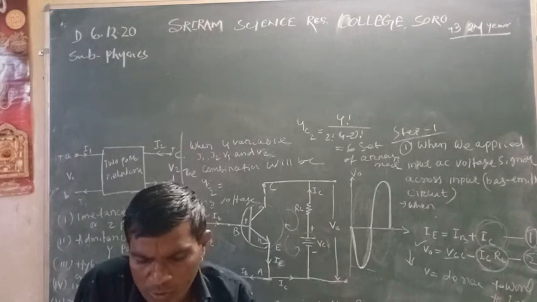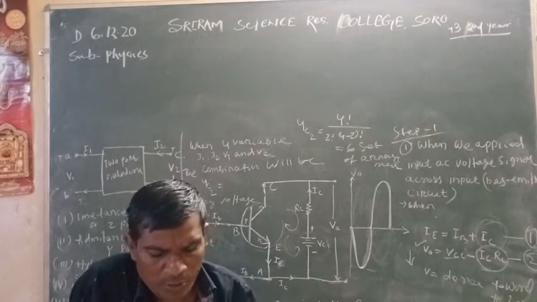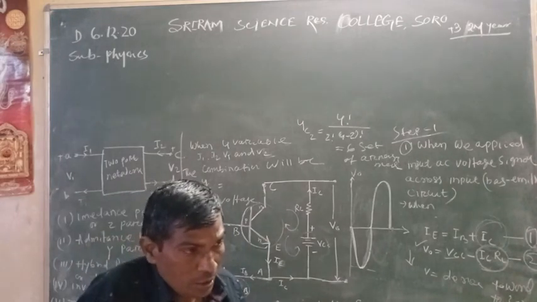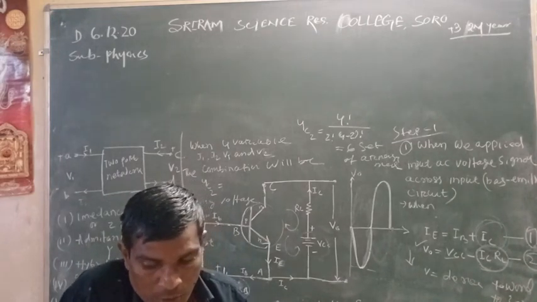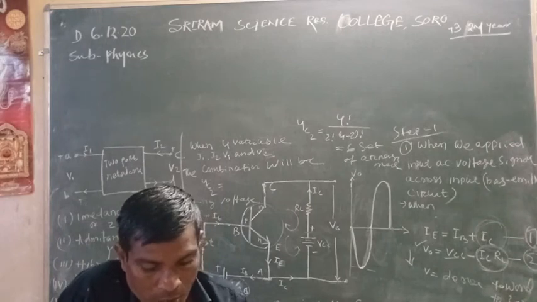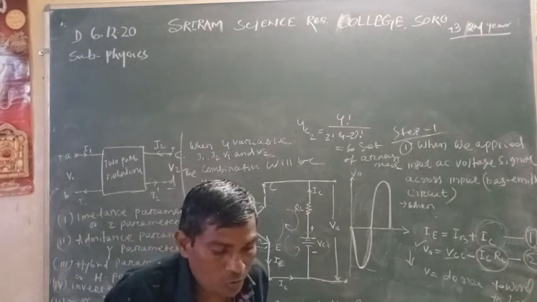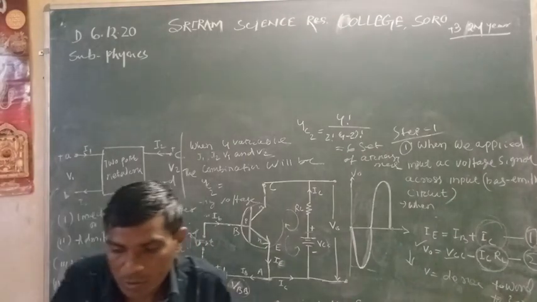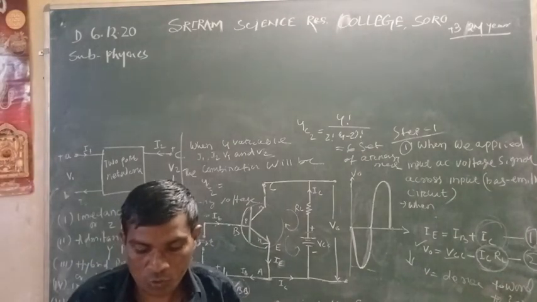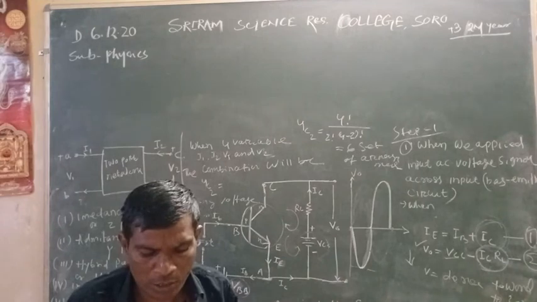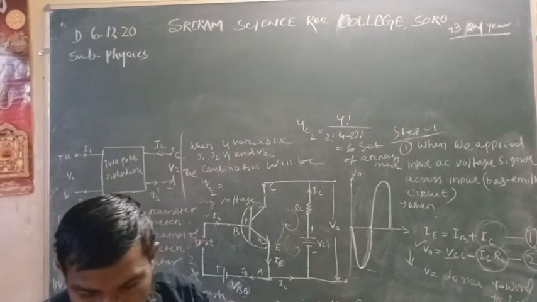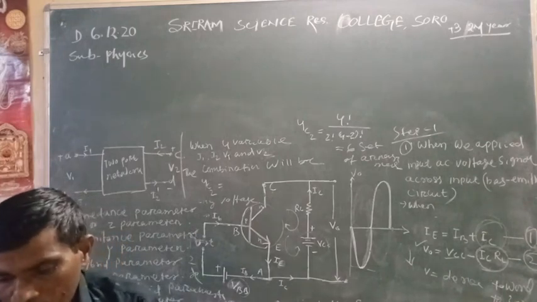Now we find the different parameters to calculate the hybrid parameters, that is H11, H12, H21, H22. This was discussed in your previous class.